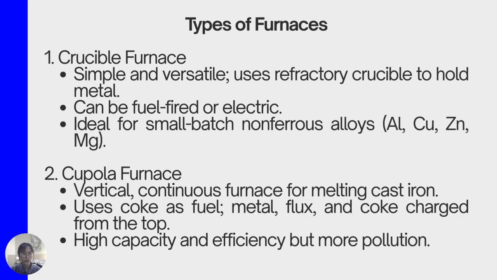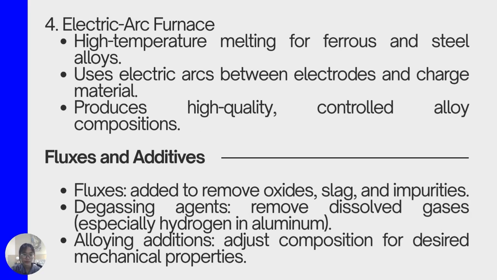Moving on, we're going to go into the types of furnace. The first being the crucible furnace. It is small-scale, fuel or electric heated, ideal for non-ferrous metal. There is the cupola furnace, a continuous coke-fired furnace used mainly for melting cast iron. There is the induction furnace, which uses electromagnetic induction for precise, clean, and efficient melting, suitable for both ferrous and non-ferrous alloys.